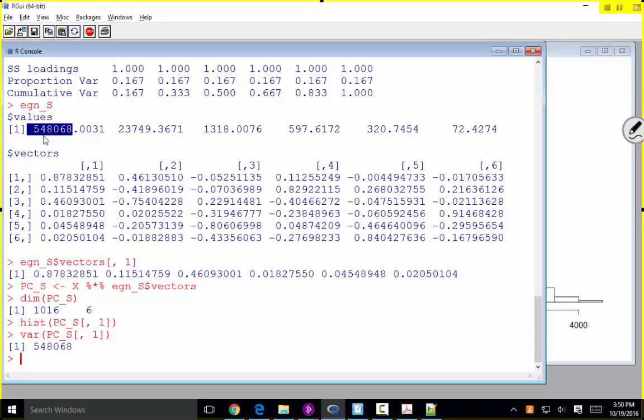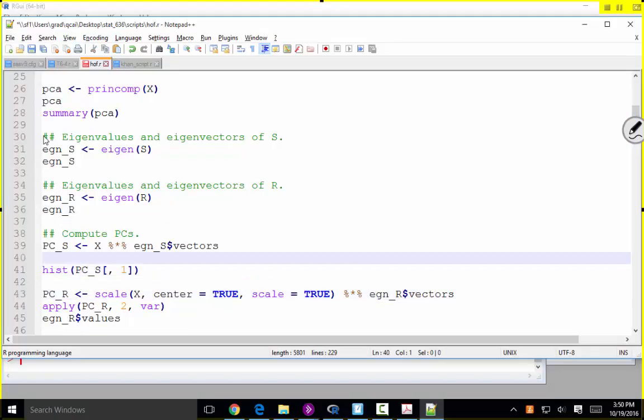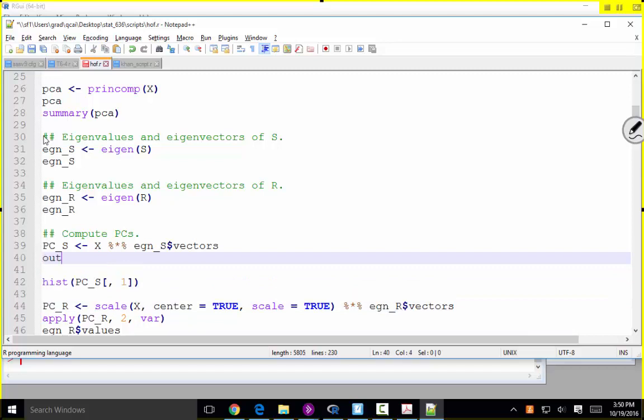If we tried any other linear combination of the variables, like let's try our linear combo, x times, let's just do a straight average. Repeat 1 over 6, 6 times.